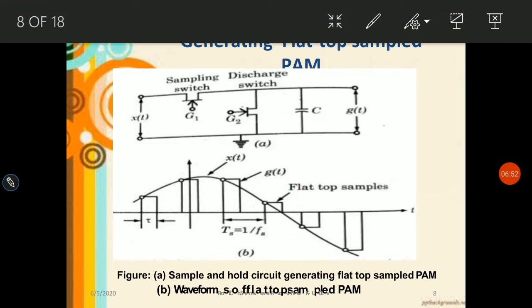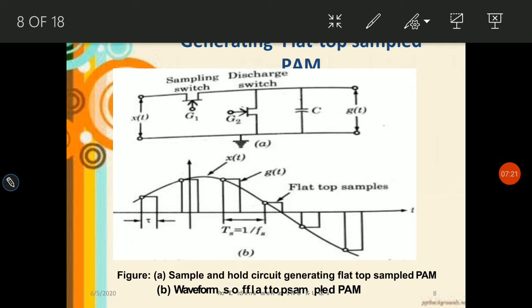Here is how it operates. A sample and hold circuit shown in the figure is used to produce a flat top sampled PAM. The sample and hold circuit consists of two FET, field effect transistor, switches and a capacitor. The sampling switch is closed for a short duration by a short pulse applied at G1.